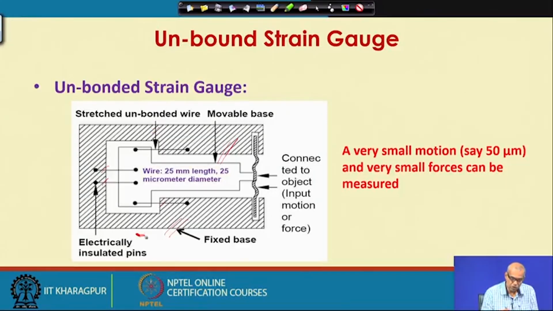This strain gauge will be connected to one arm of the Wheatstone bridge. Initially, the tension in all these 4 wires is equal because they are equally loaded.